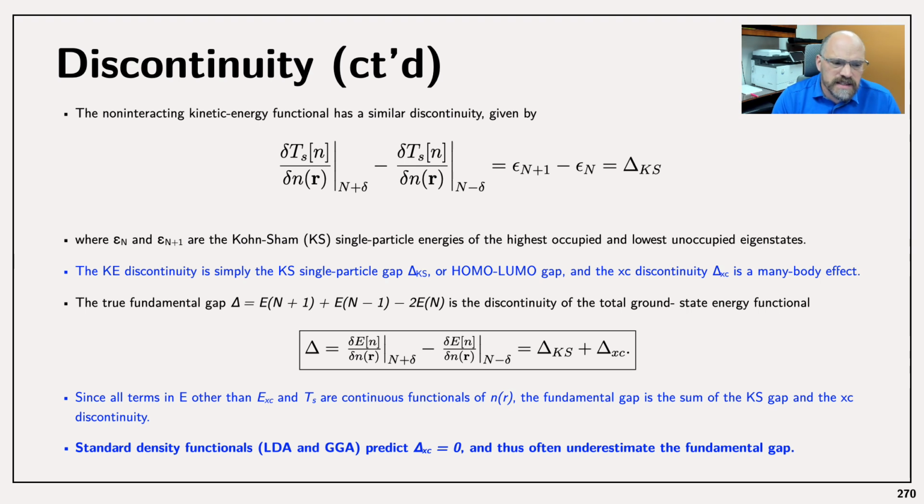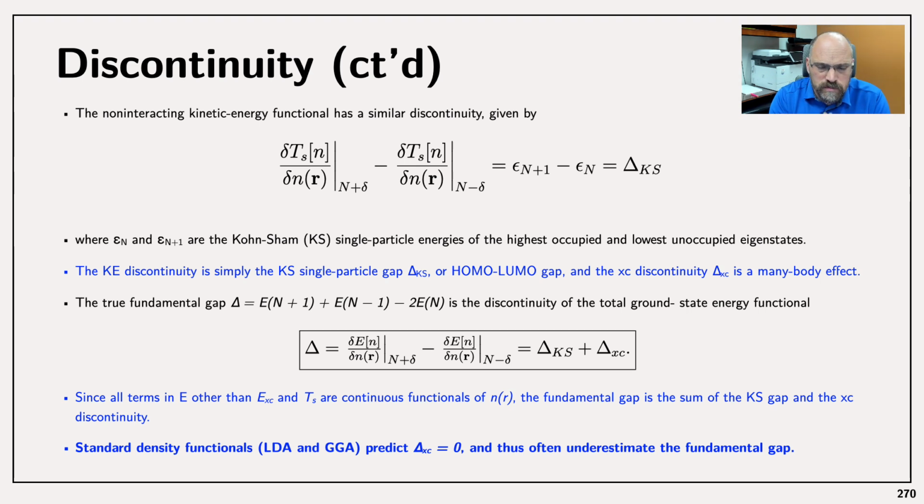The thing is, the actual band gap, the capital delta that I repeat in the framed box, that true gap has indeed the capital delta KS, but on top of that, it has this delta Xc. This delta Xc comes from the fact that the derivative of the exchange correlation functional is not continuous, what I just showed you on the previous slide.